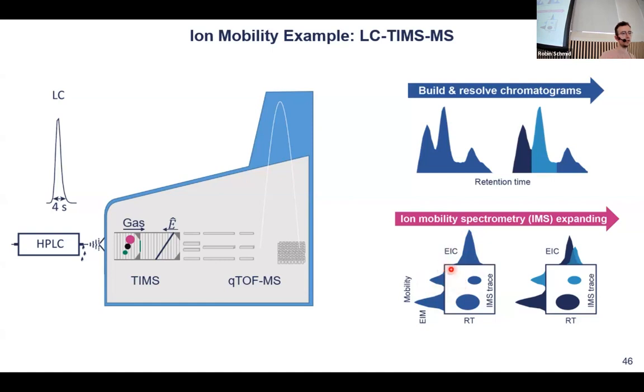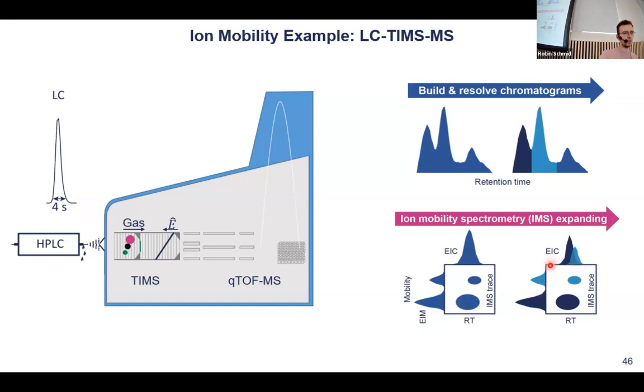So the mobility separation is then able to separate these two compounds where the LC was not able to separate them. I'm not saying that it works 100% of the time, but it can give you more information if your bioactive compound consists of two or more isomers.